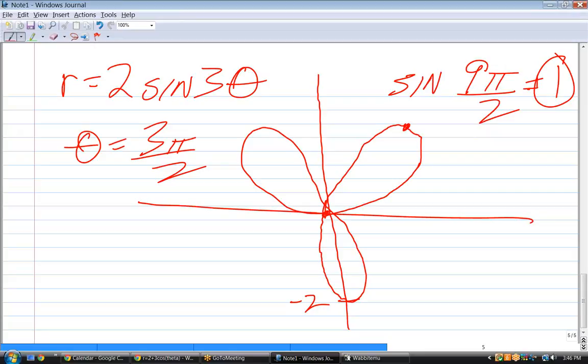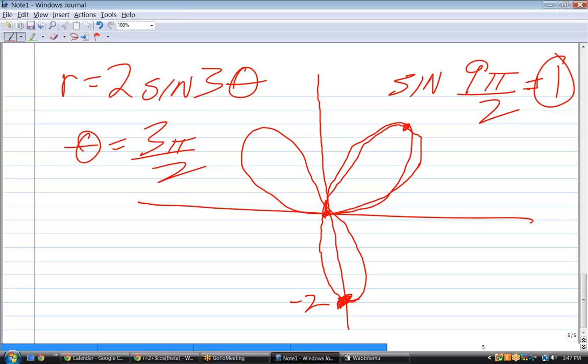I'd like to see it traced out, because it must be, let's see, it starts from 0, goes to 90 degrees. 90 degrees is where you get that there. In other words, at pi over 2, we have the sine of 3 pi over 2 being minus 1.